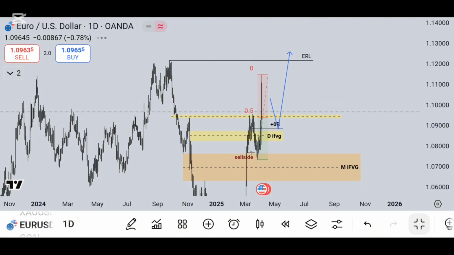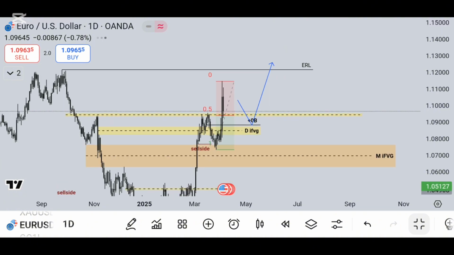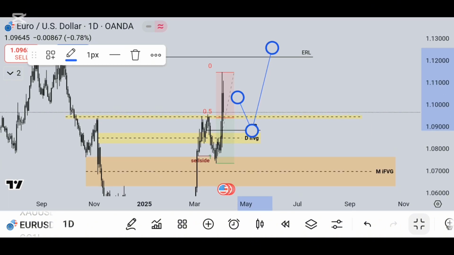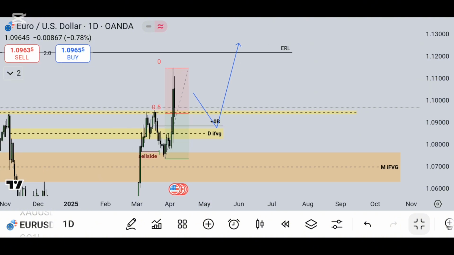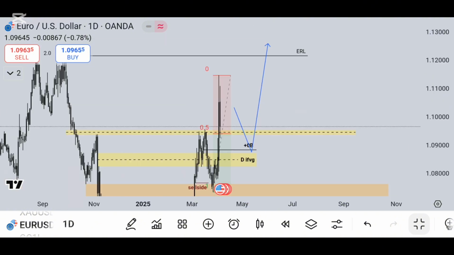It's also good, right? So this is our point one for the entry, the inverse weekly FVG, or point two is the weekly order block. So that's it.